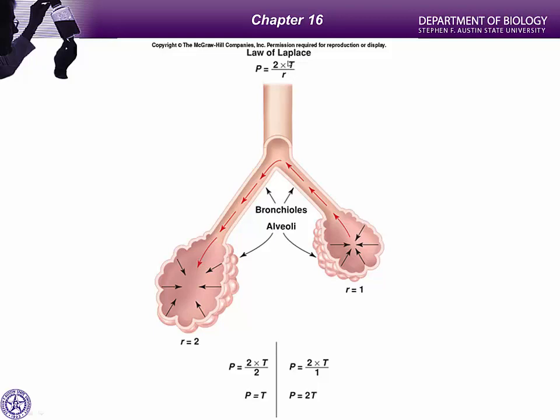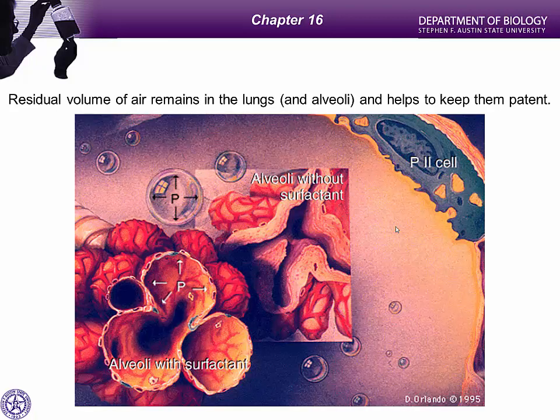If we make our surface tensional forces 0 because of our surfactant, then what's the pressure needed to keep an alveolus open of any radius? What is 2 times 0? It's 0. 0 divided by anything is 0. So the pressure needed to keep any alveolus open is 0. And that is the real nice advantage of having surfactant.